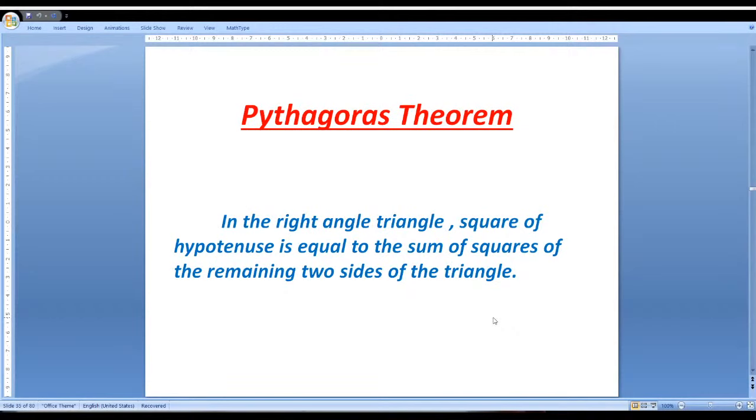Then let us see what is Pythagoras theorem. In a right angle triangle, the square of the hypotenuse is equal to the sum of squares of the remaining two sides of the triangle.